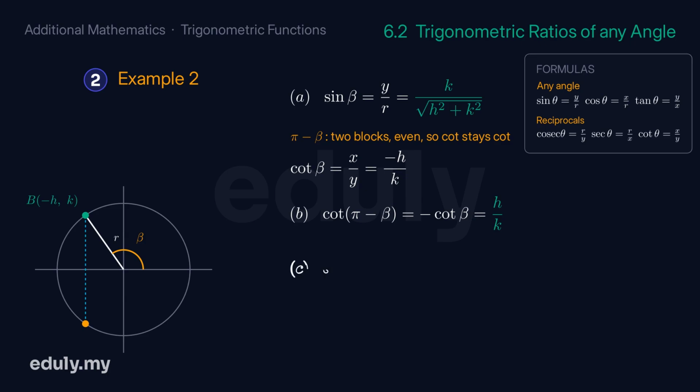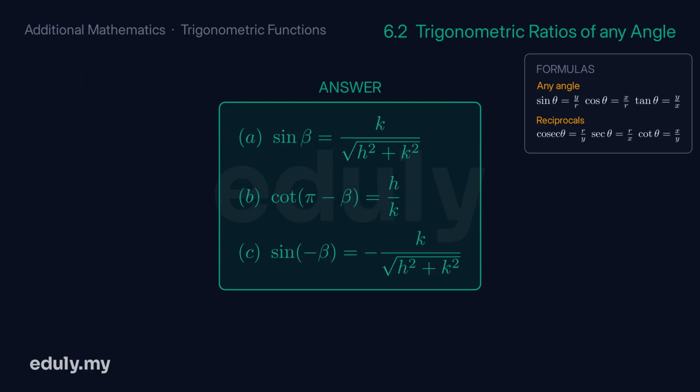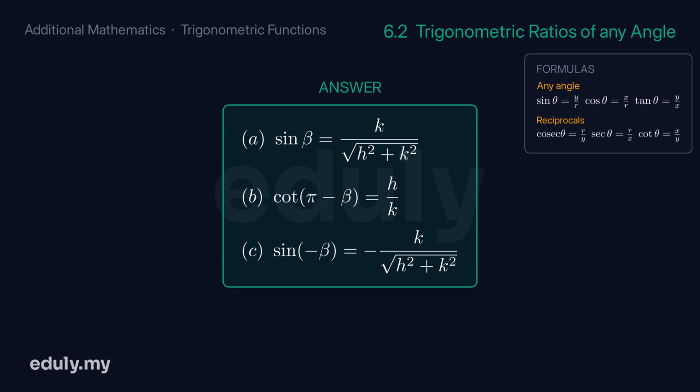Part C, minus beta reflects B, so sine flips sign, minus k over root h squared plus k squared. Reflection, never reciprocal. Part A, k over root h squared plus k squared. Part B, h over k. Part C, minus k over root h squared plus k squared.